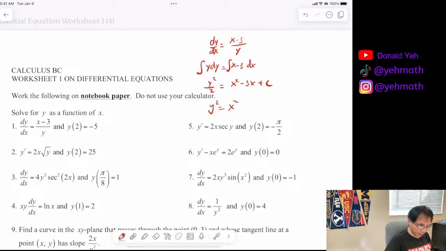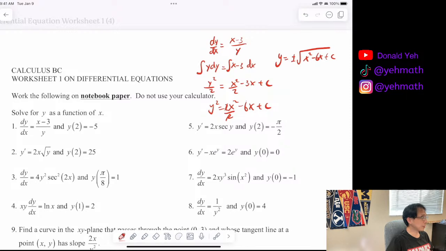Now you can get rid of the square on both sides, get rid of the 2 on both sides. So it'd be x squared minus 6x, because the x squared over 2, the 2 can cancel out, plus c, sorry. So y is equal to plus or minus the square root of x squared minus 6x plus c.